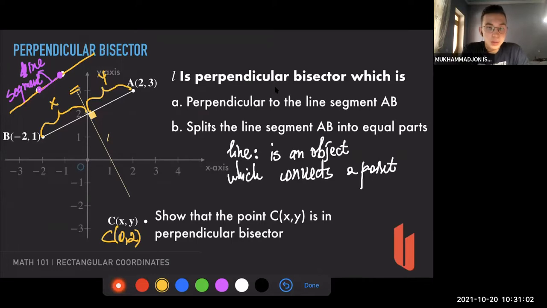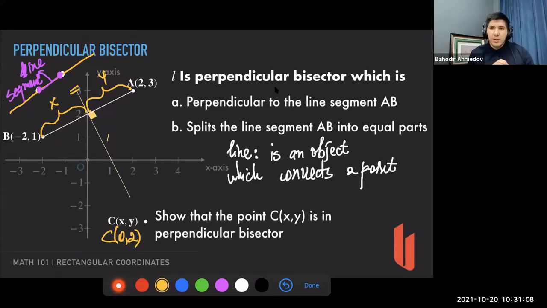Take the point with X and Y, 0 and 2. Okay, and then? You're given 0 and 2, and I would like to know whether this is on the bisector or not.